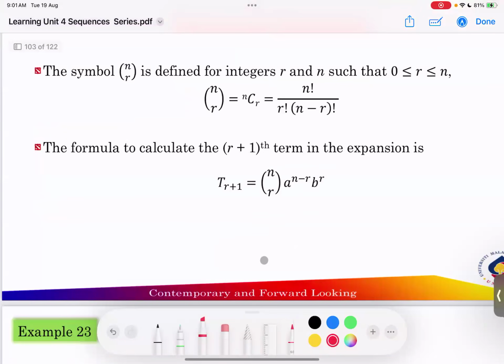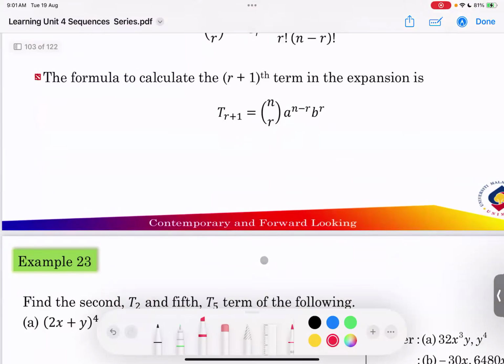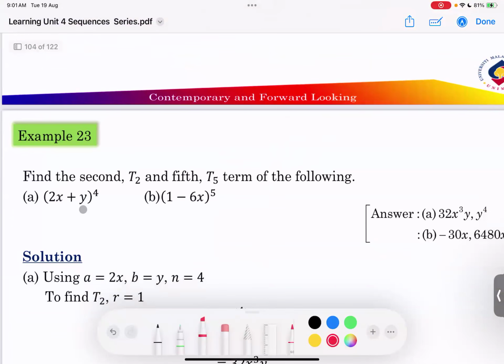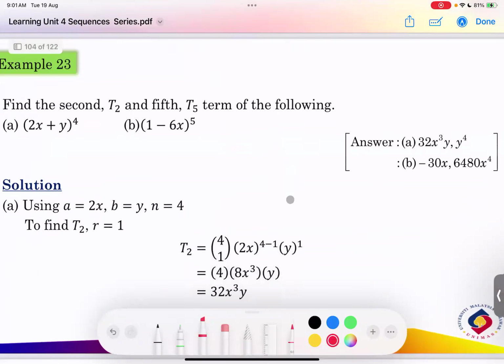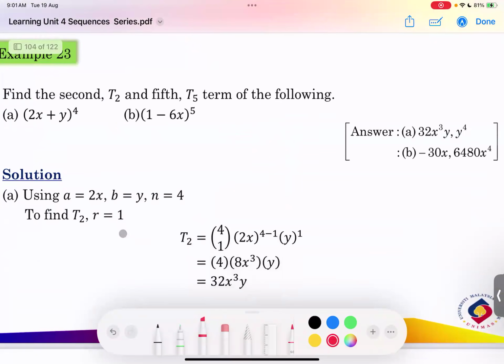Okay, let's see how we apply this concept. As you saw just now, find the second term and the fifth term of the following. You can see from here, a is equal to 2x. So this one is your a, and then this one is your b. This one is your n, to the power of 4.